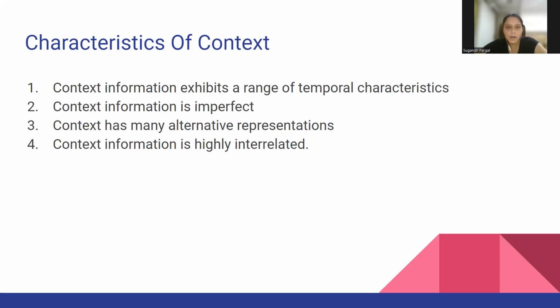So the representations may vary and alternate. Another characteristic is that context information is highly interrelated. That is, the context information may be causally dependent upon each other. So we need to map the context among itself also for context-aware computing.